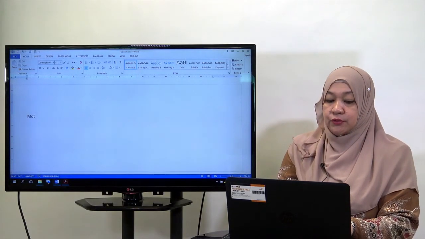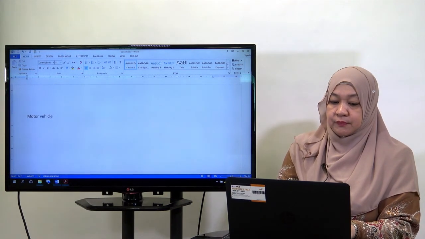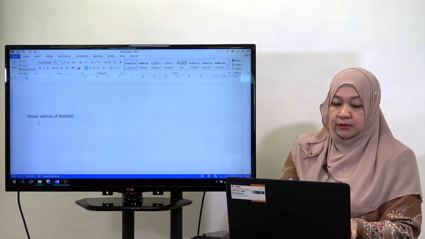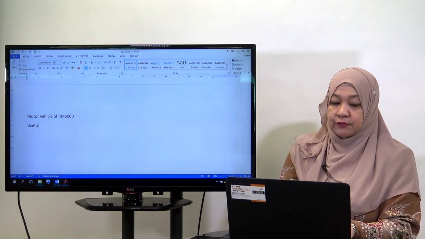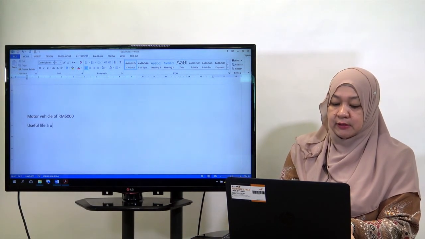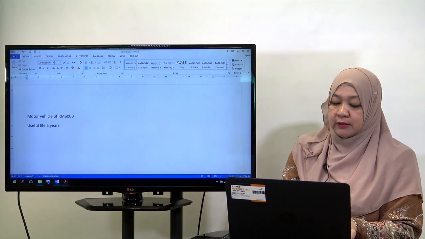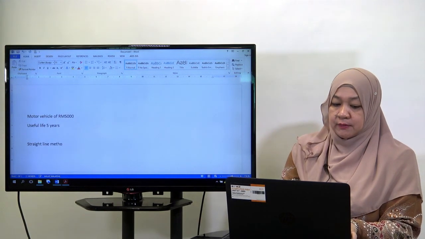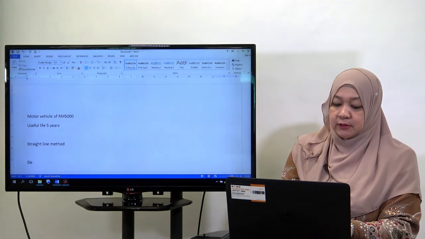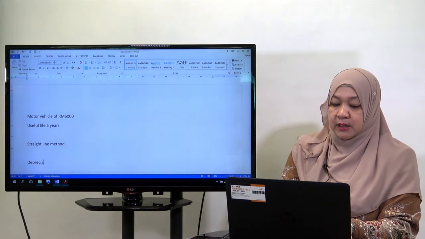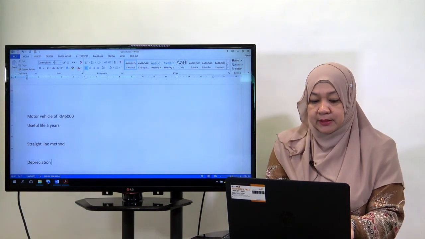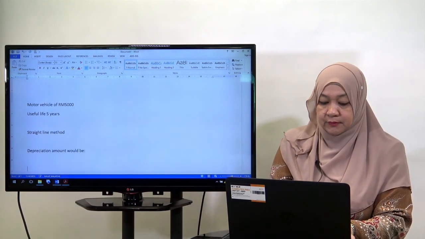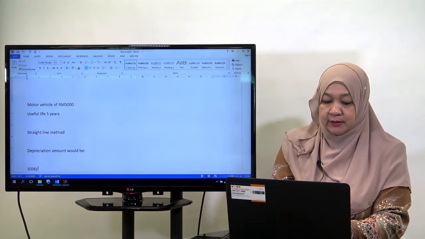if you have a motor vehicle of 5,000 ringgit, and you know that this motor vehicle can be used for 5 years. Now to calculate your depreciation based on the straight line method, the depreciation amount that should be charged to the income statement would be 5,000 divided by 5 years.